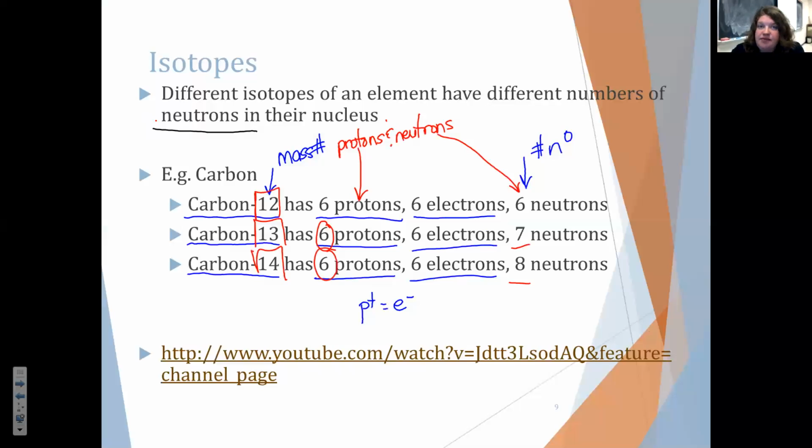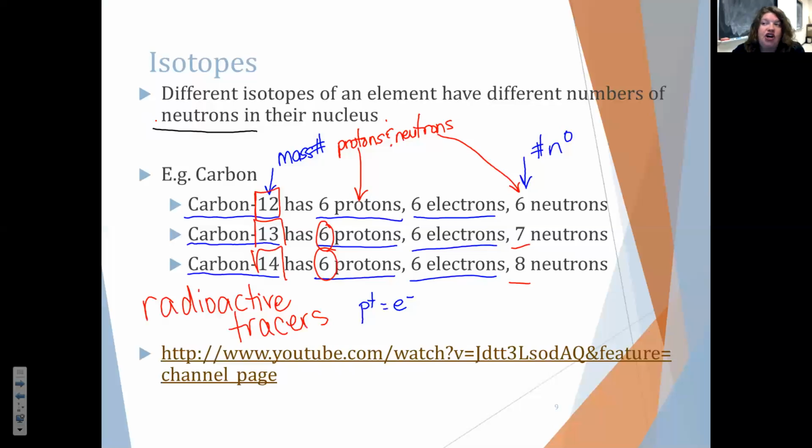This becomes relevant in human medicine because some, not all, but some isotopes are radioactive. That means that some of these neutrons are released from the nucleus in a process called radioactive decay. We can detect radioactivity. And so we can use these as what we call radioactive tracers in the human body.